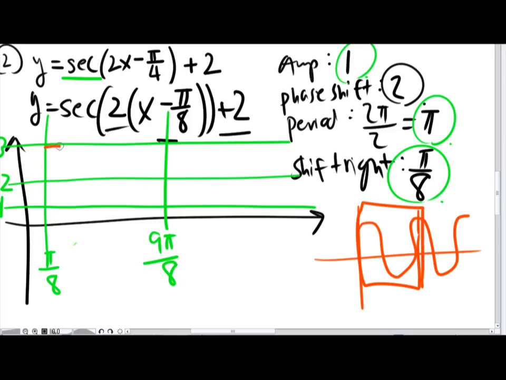So that would make the cosine curve look like that. And then because it's a secant curve, we have to draw the asymptotes and branches, so the blue lines is the final graph for this equation.